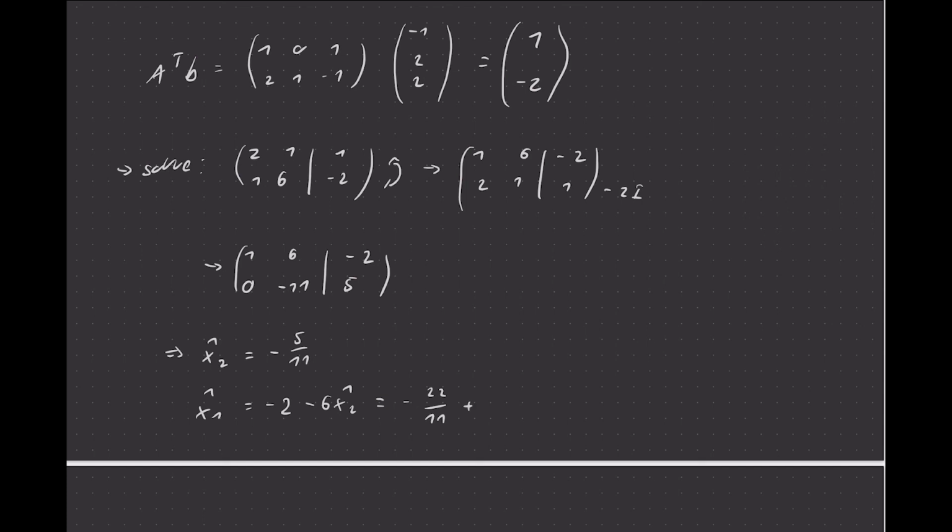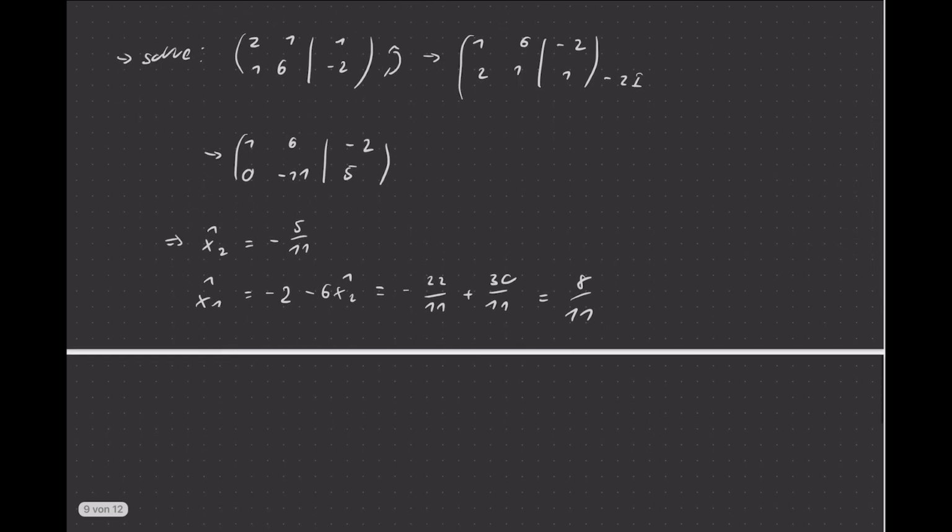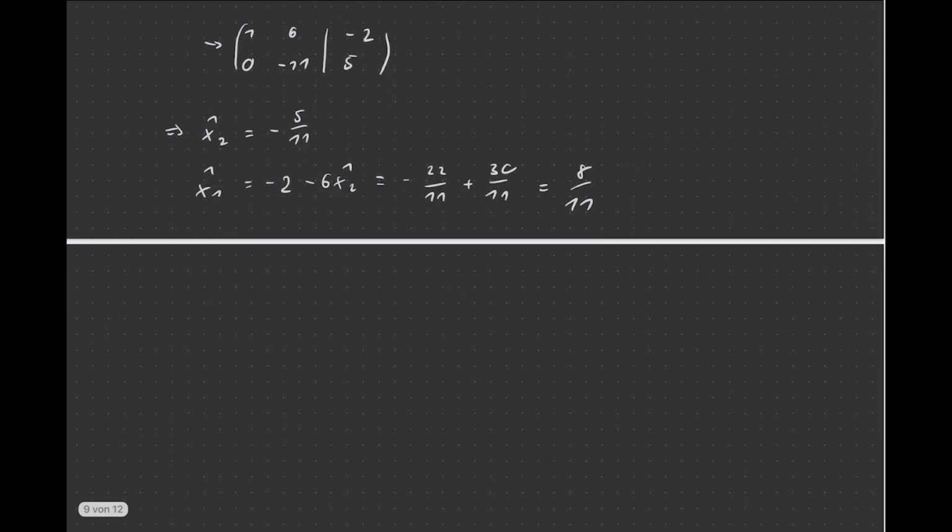Minus times minus, that's a plus. 6 times 5 is 30 over 11. So we get 8 over 11. Right? And that means our least squares solution x hat is 1 over 11 times 8, minus 5. Right? So that is the least squares solution to our system.